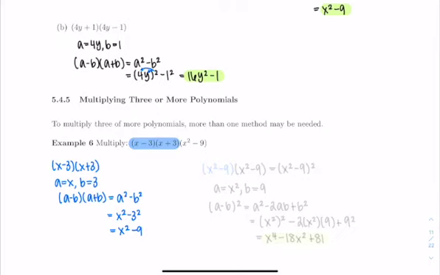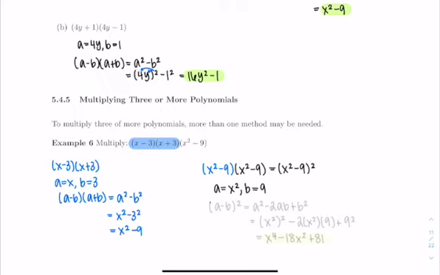And so now we can rewrite this first 2 as x squared minus 9, and we still have x squared minus 9. But we have the same term twice. So we could just shorten this to (x squared minus 9) squared. And then we can use the square of a binomial to go ahead and finish this out. So my a in this case is x squared, and my b is 9.